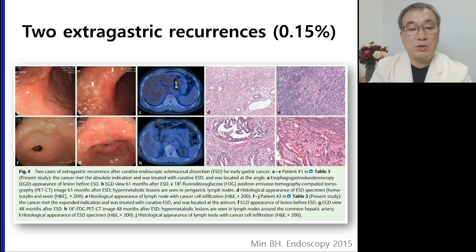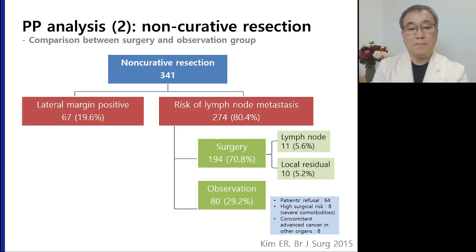These are the pictures of the 2 extragastric recurrences in our series. The top case belonged to the absolute indication group, and the lower case belonged to the expanded indication group. This is another PP analysis for non-curatively resected differentiated type EGCs.